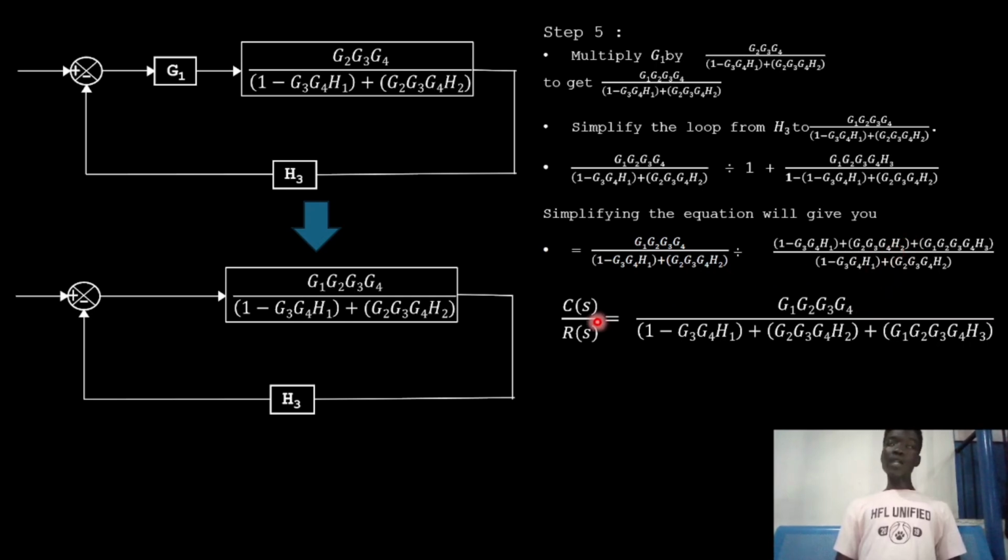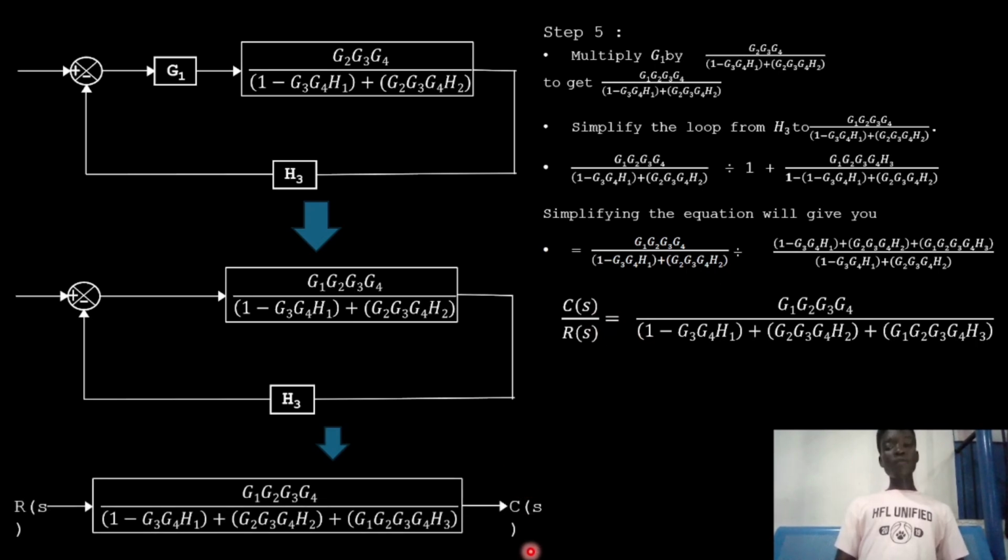And that becomes our final feedback. And then our final feedback is given by the expression C(s) over R(s), which is this expression divided by this expression. So this becomes our final solution for the problem we are to solve.